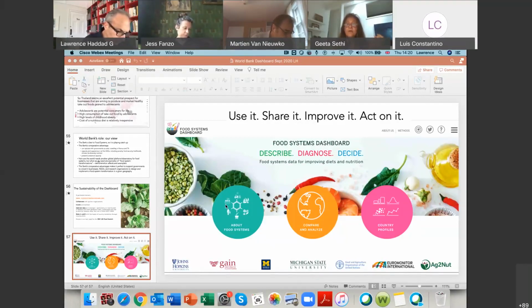That is now no longer about food security, but maybe about healthy diets. In other words, the dashboard is going to be a useful tool to help us and our clients develop the analytical basis for policy reform.